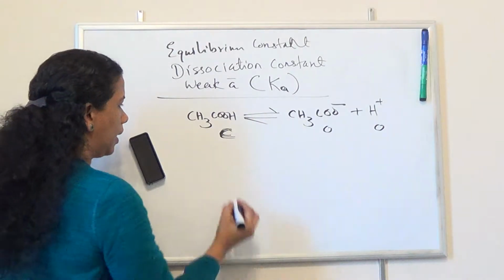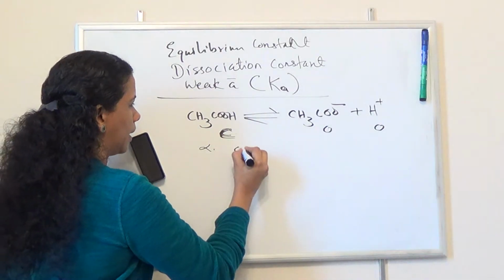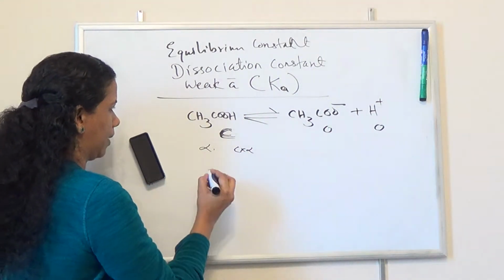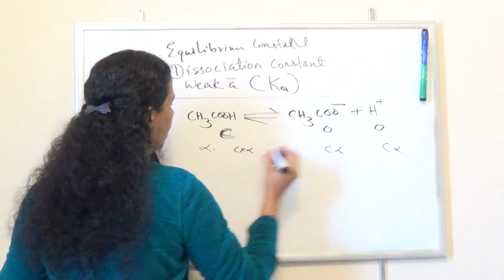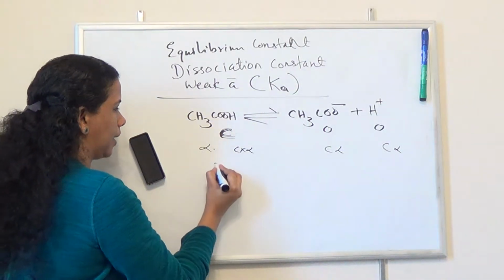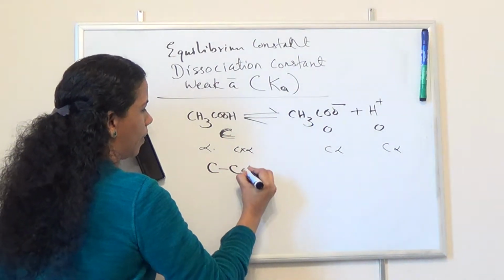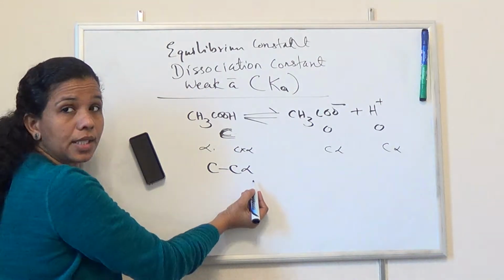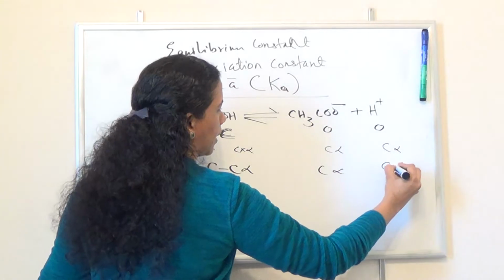Then C times alpha undergoes dissociation. So the ions are C alpha and C alpha. What remains? The initial concentration is C, then C alpha is converted into ions, so the remaining is C minus C alpha.